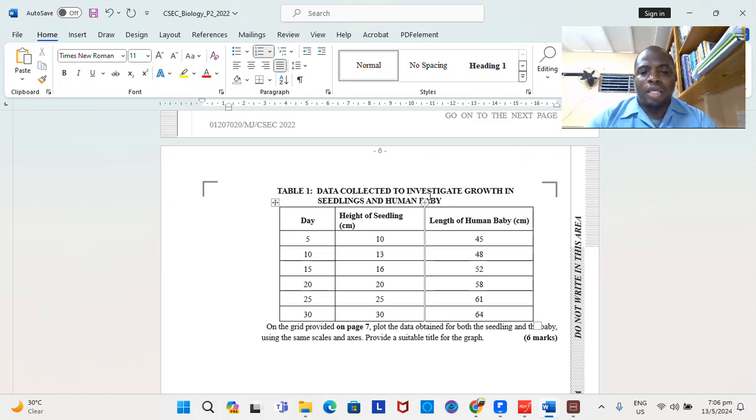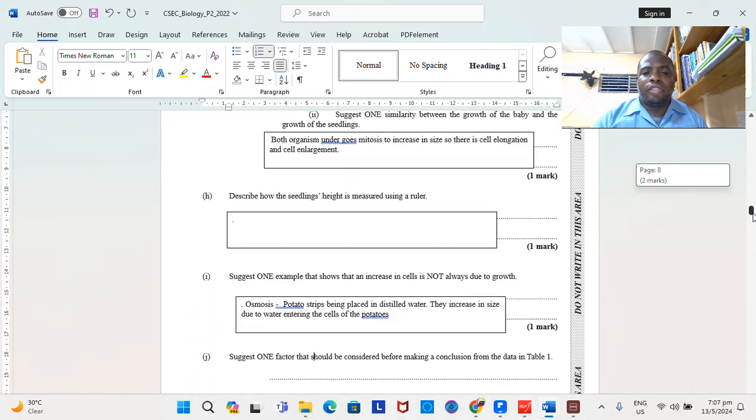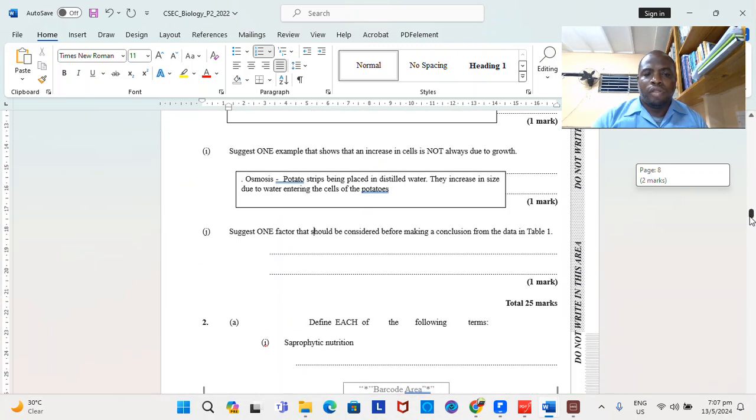Because varying plants, if this plant only grows to a particular height, or if this is a permanent plant like a mango tree, then this is not a true reflection of the entire growth, period. Some plants will grow in a particular direction as well. Some are utilizing vines. So one thing that you should take into consideration is the type of plant that you're comparing this growth of the baby to. Cool?